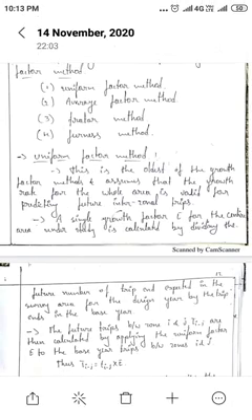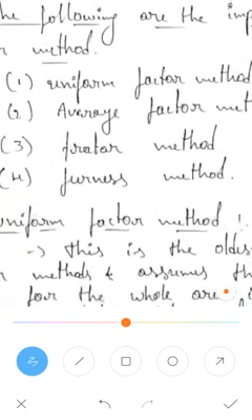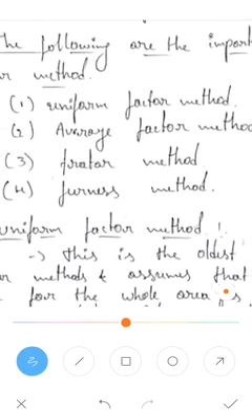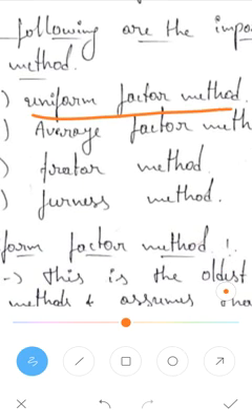First I will go for the uniform factor method. So what is this uniform factor method? The uniform factor method is a very old growth factor method which has been used.